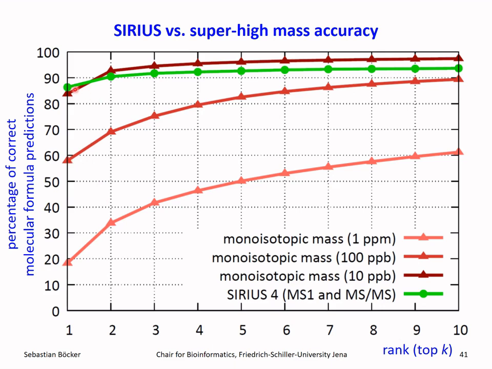And 10 ppb data, 10 parts per billion data, would still work worse than SIRIUS does with 10 ppm data. Okay? So high mass accuracy is very good, but you also still need smart software that does something useful with it. Because if you would feed 1 ppm data into SIRIUS, then the identification rates would probably go beyond 90%, even for the top 1 position.